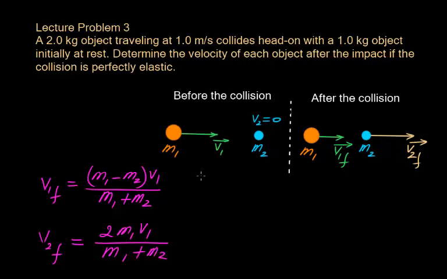Substituting the masses and the velocity v1 into these two expressions, you can find that the velocity v1 final is going to equal 0.33 meters per second, and the velocity v2 final is going to equal 1.33 meters per second.